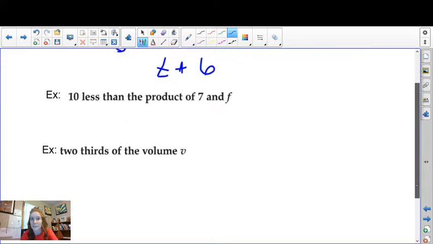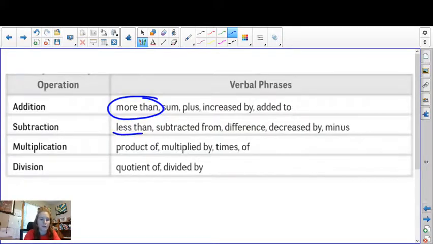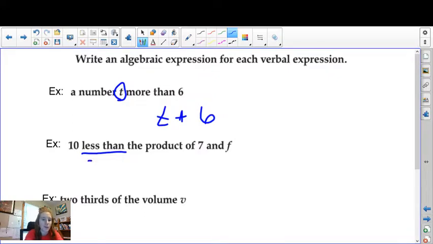This next one's not very easy, I'm sorry. 10 less than the product of 7 and f. I know this less than means subtraction. And I know product of means multiplication. But what am I multiplying?